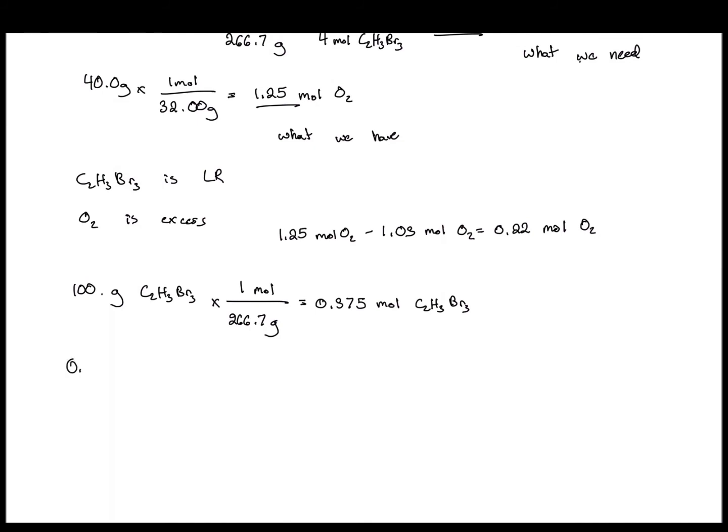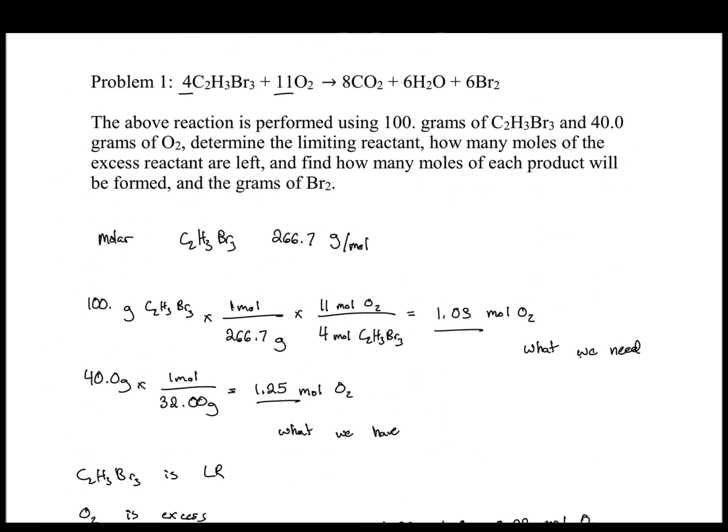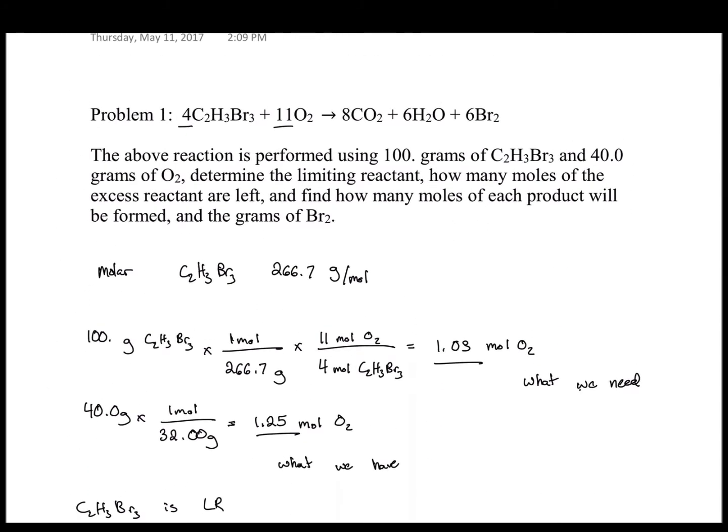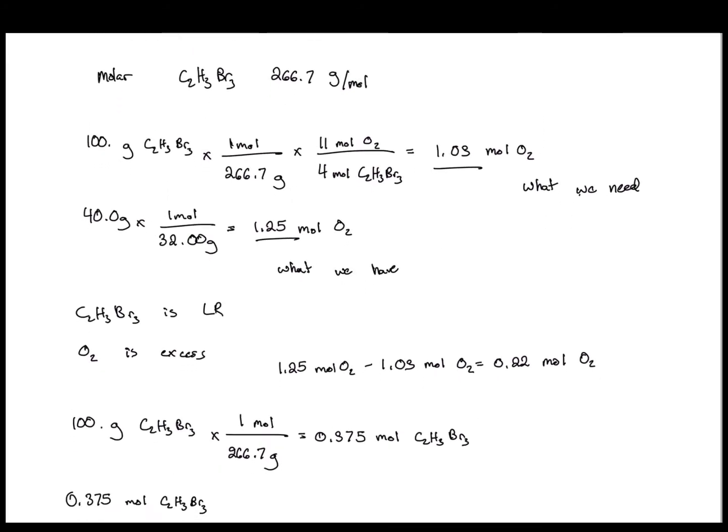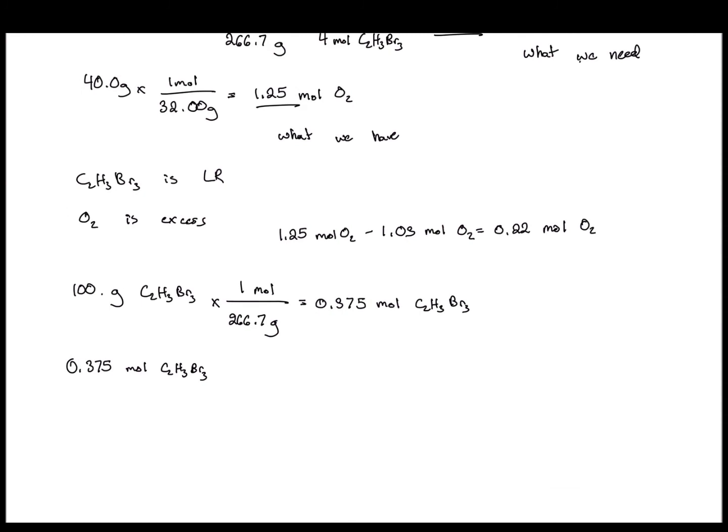So next, we're just going to use all of our stoichiometry that we have. We have 0.375 moles of C2H3Br3. And up here, we see that for every 4 moles of C2H3Br3, we have 8 moles of CO2, 6 moles of H2O, and 6 moles of Br2. So we're just going to do each of those ratios.